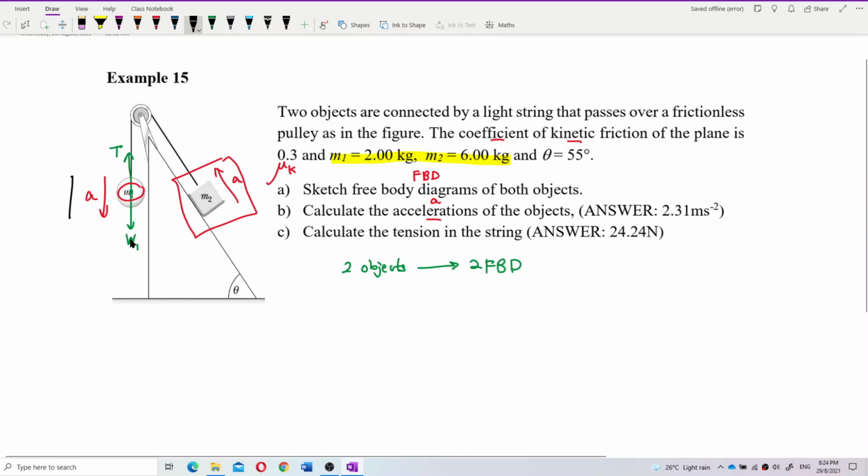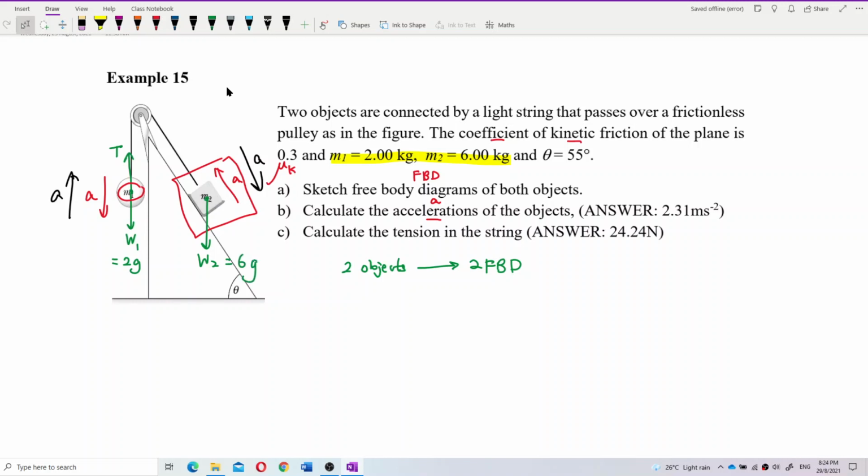Mass 2 is actually 6 kilogram compared to mass 1 only 2 kilogram. Maybe I should write over here. Mass 1 is only 2 times gravity, but the weight of mass 2 is 6 times gravity. Whoa, mass 2 is much heavier compared to mass 1, isn't it?